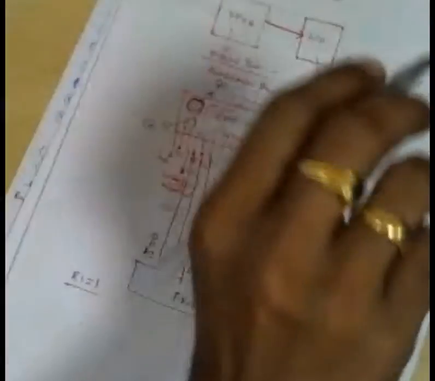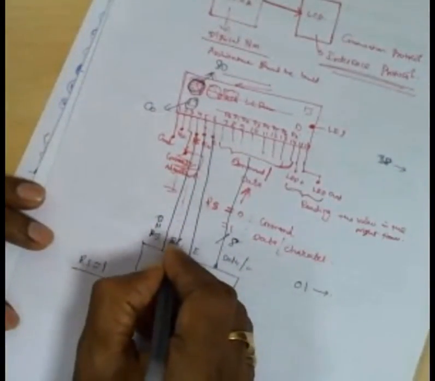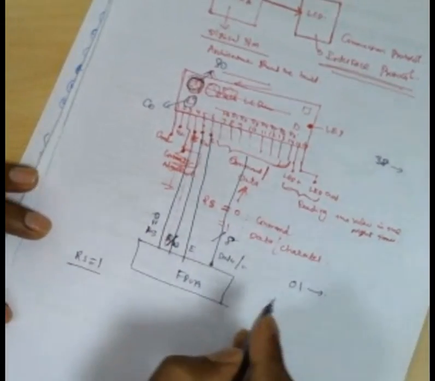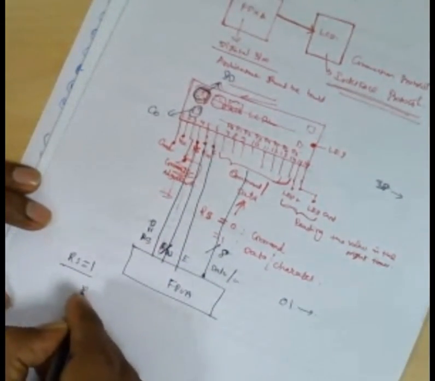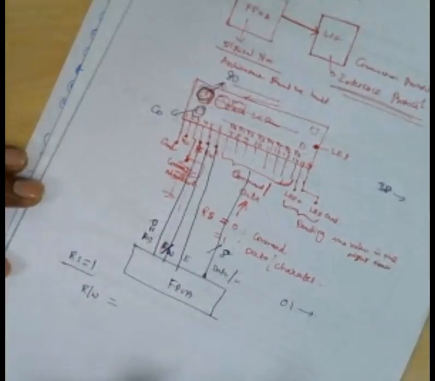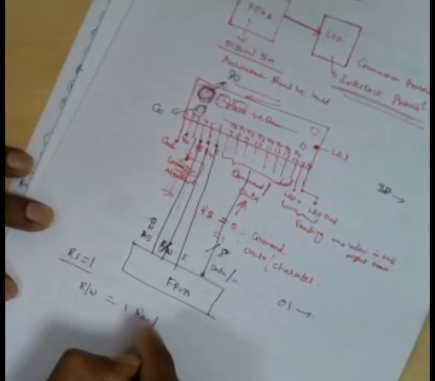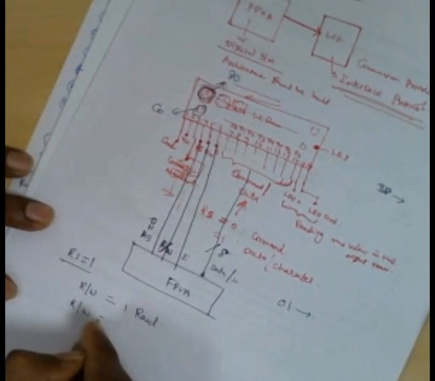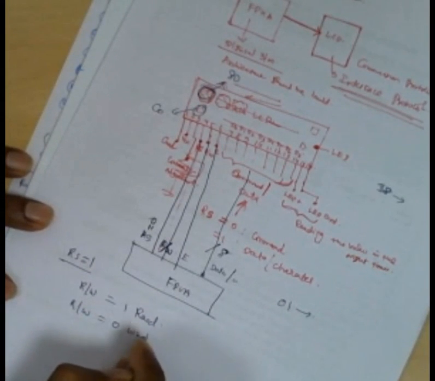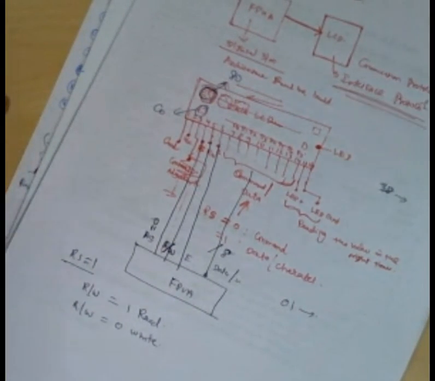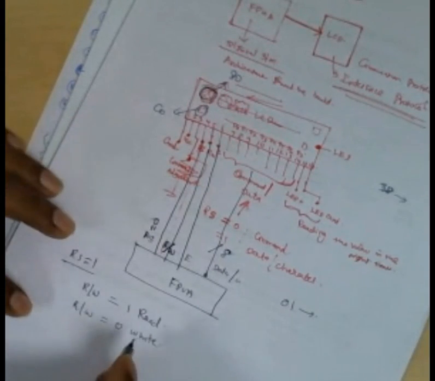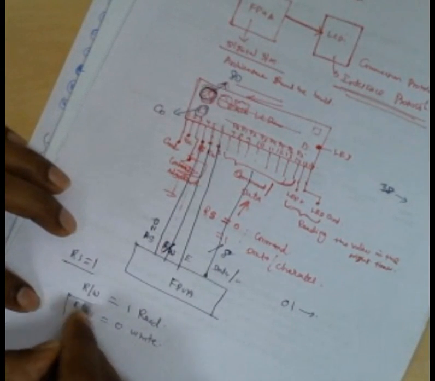Now we go to the R bar W. If the R bar W is 1, it is a read command. If the R bar W is 0, it is a write. We will not read anything from the LCD right now. The reading we will see in the DSP course. So in this course, we are going to maintain R bar W equal to 0.